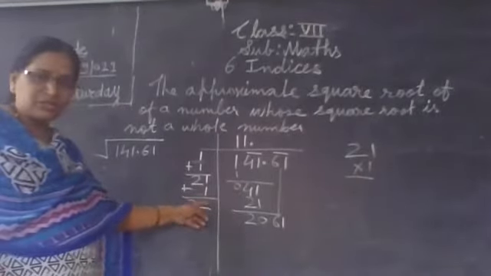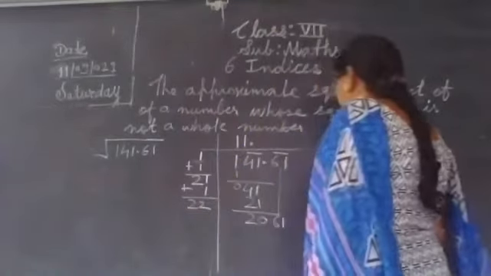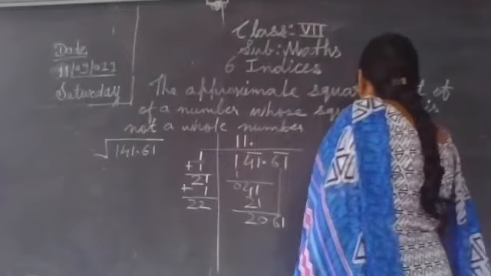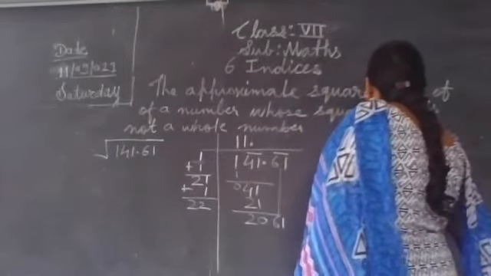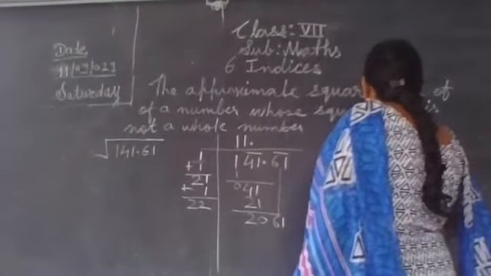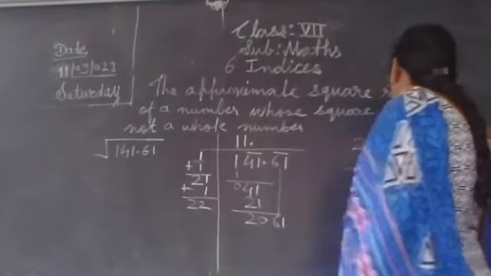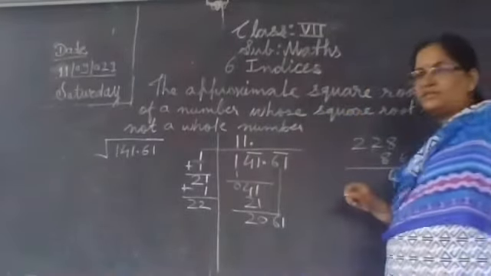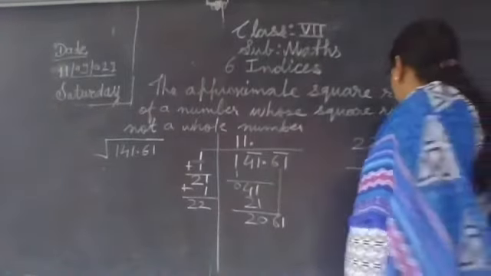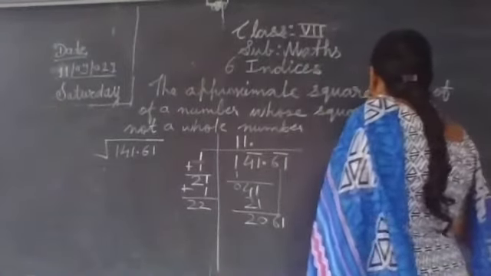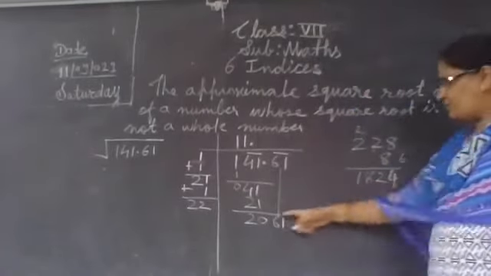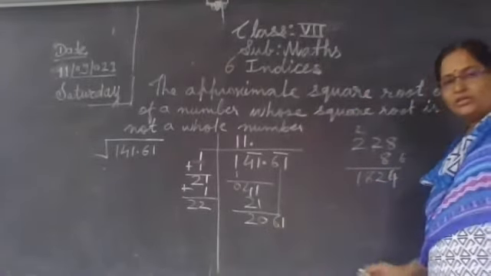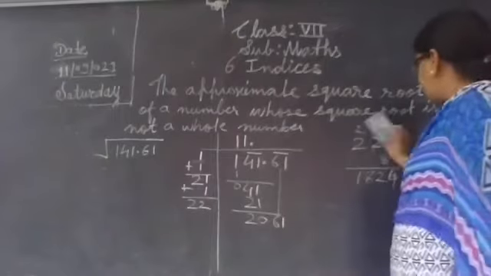So here you will try 8 and multiply it by 8. If it is 64, then 6, so 16, it is 1824. And here we have 2061.